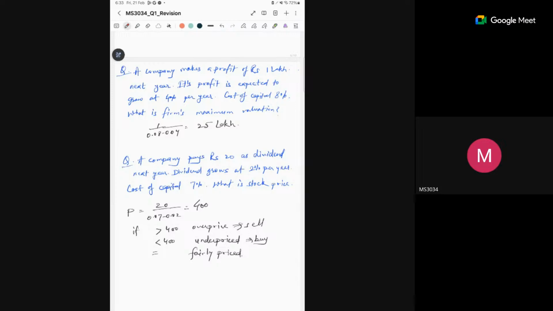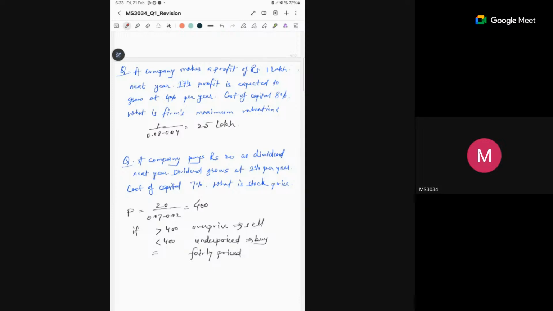If you have seen Shark Tank type of shows, all those startups show what their valuations are. These types of concepts are used there to calculate their valuations. It would not be this simple.